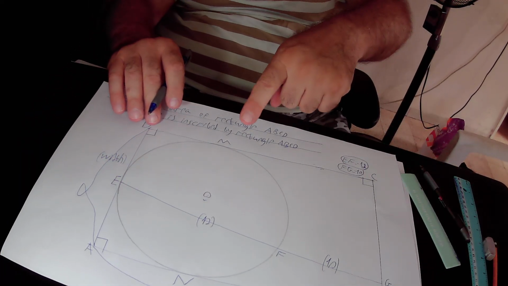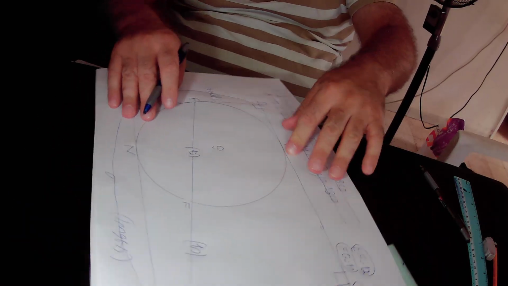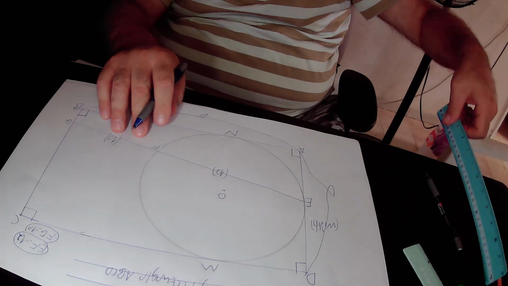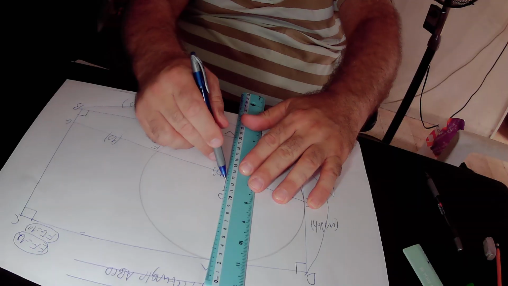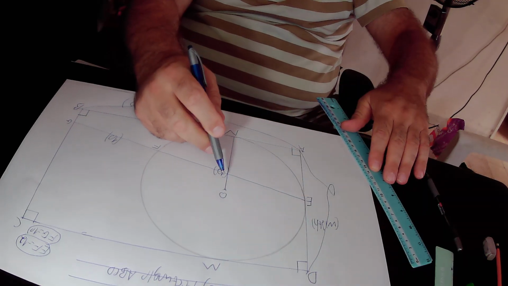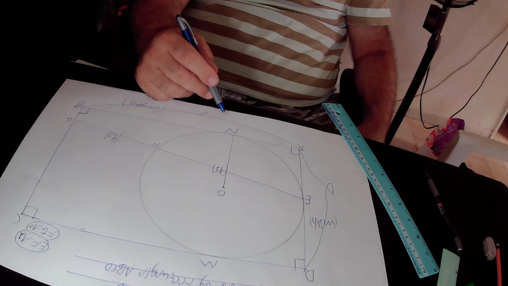And we'll join points O and N together by a straight line. Point O is the center of the circle, point N is the point on the circle itself.